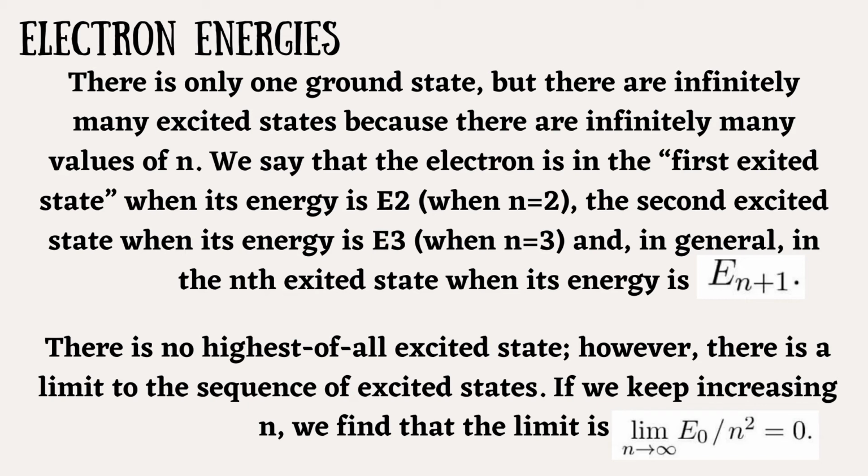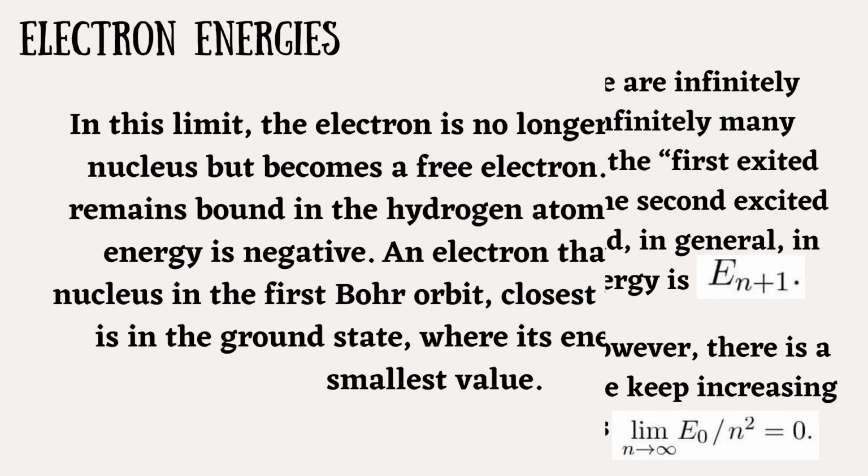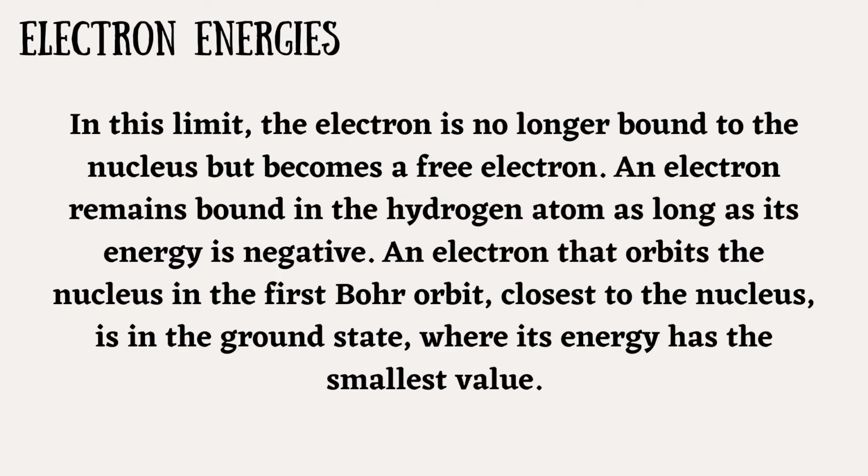There is no highest of all excited states. However, there is a limit of the sequence of excited states. If we keep increasing n, we find that the limit is E sub 0 over n squared, which goes to 0. In this limit, the electron is no longer bound to the nucleus, but becomes a free electron.